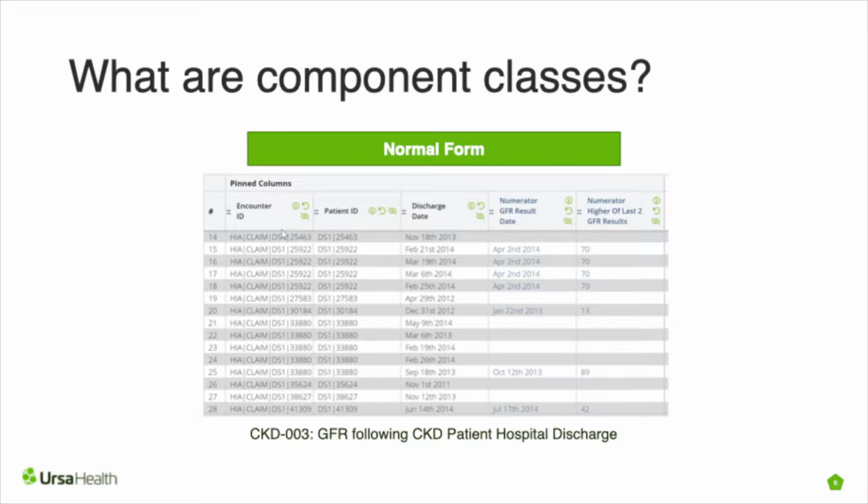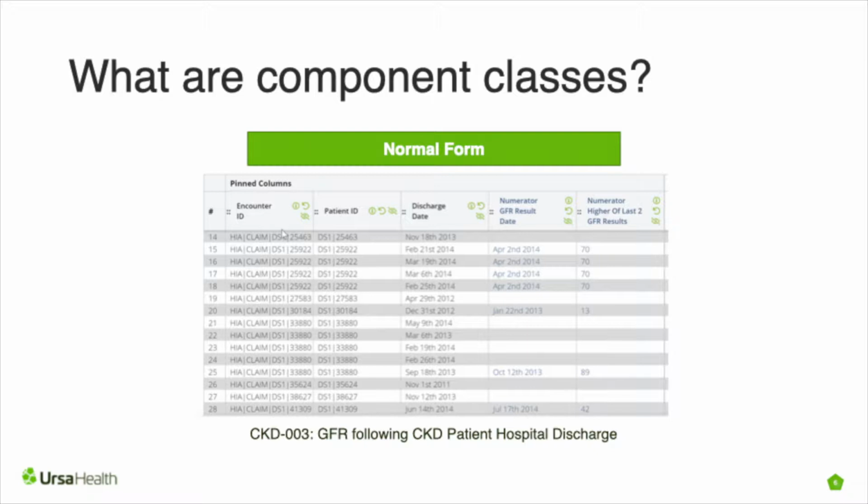For example, outpatient GFR lab after discharge is a normal form measure. The numerator object restricts records to the first GFR within 45 days of discharge. This restriction, of course, ensures that there's at most one GFR record.